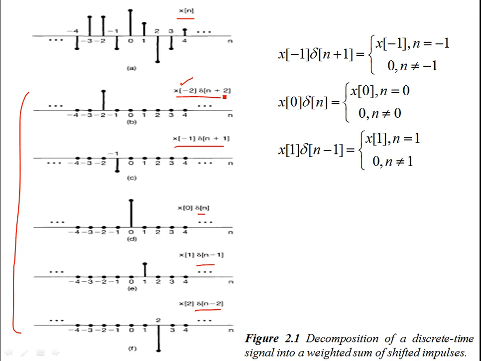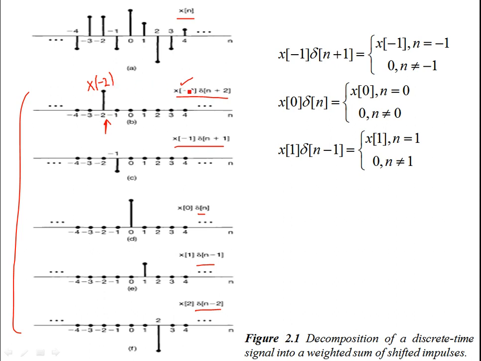For example, delta n plus 2 exists only at n equal to minus 2, otherwise it is 0. The weight or amplitude associated with that sample is the value of x at n equal to minus 2.